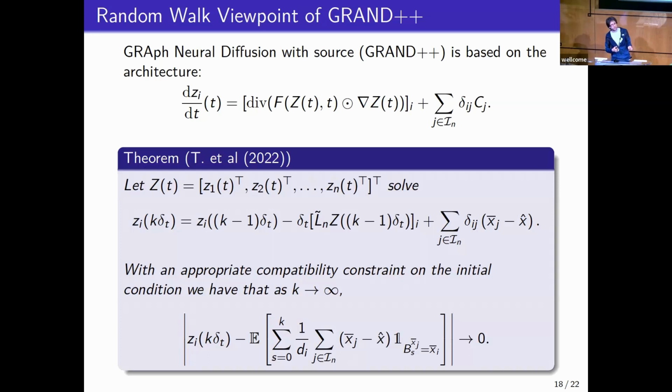Of course it's the same random walk, so you might say it's going to have the same stationary state, so perhaps this is still going to suffer from the same over-smoothing phenomenon. What helps us out is this minus x hat. One can understand this x hat as being the large time limit of the random walk.